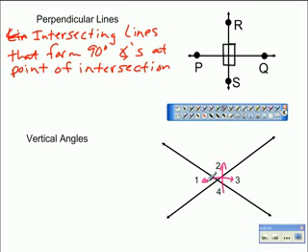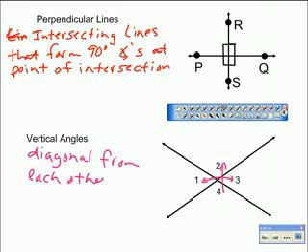And the thing about vertical angles, they are always congruent.